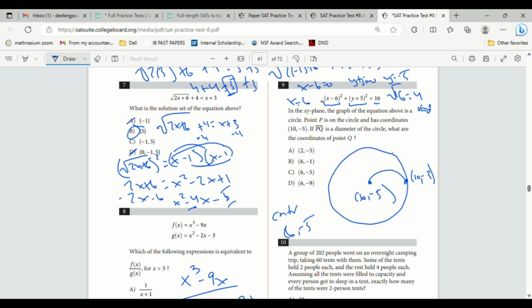Now it wants point Q. And it says line PQ is a diameter, meaning it's a line that goes straight across the entire circle. So if we went positive 4 in the right direction, we have to go negative 4 in the left direction. And so if we subtract 4 from 6, we get 2. So 2, negative 5 is where Q is.